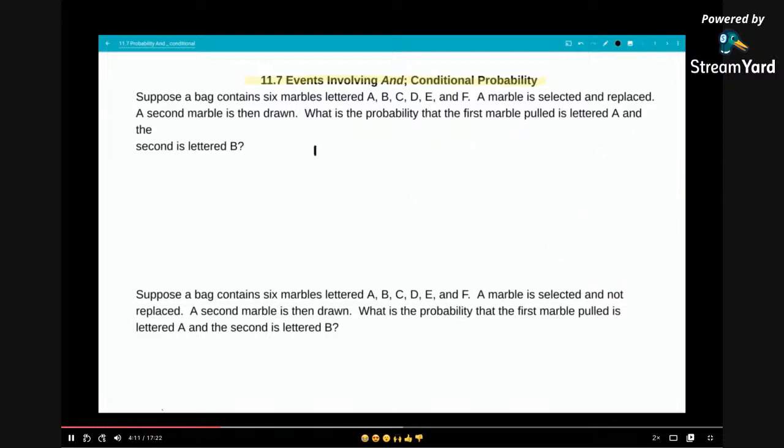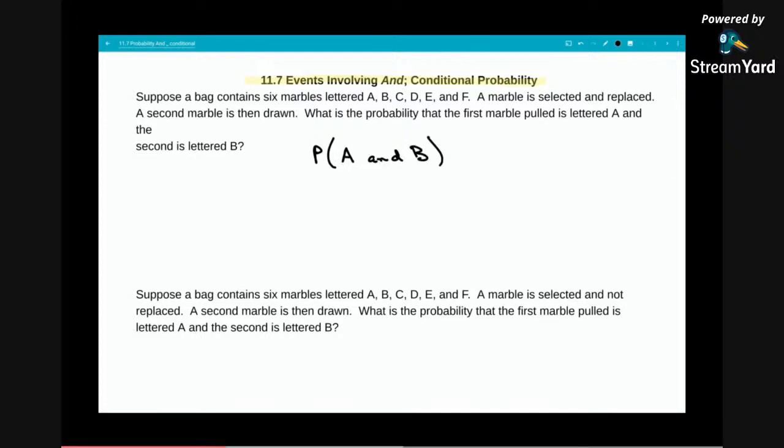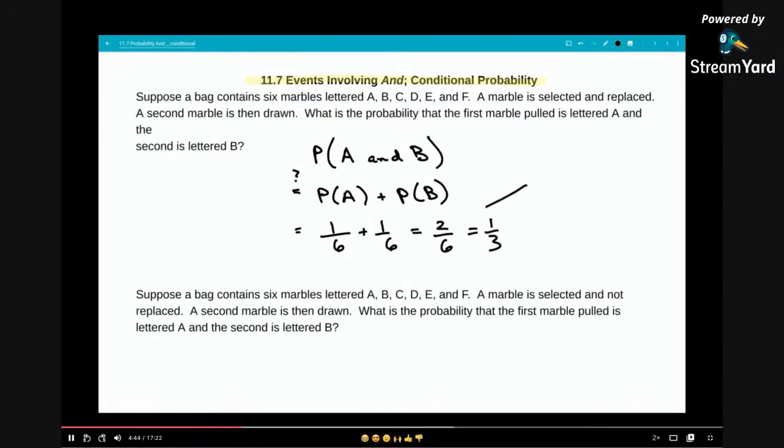So what's interesting here is, is the probability of A and B just the sum of the probability of A plus the probability of B? And that's a common question. Do we just add these together? So let's try it. We know we have to get 1 out of 36. So adding the probability of A plus the probability of B, right?